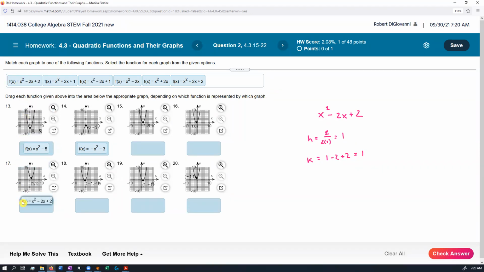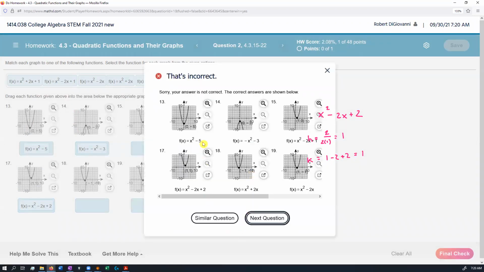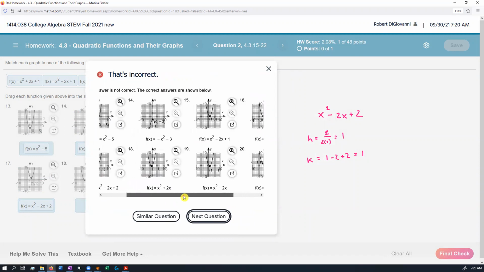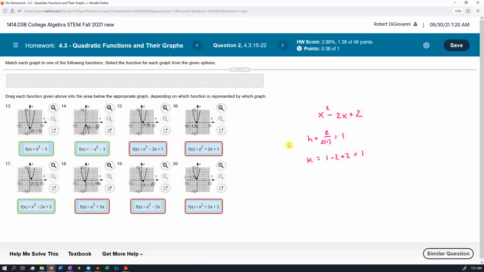I think this is too monotonous. I think you understand it from the previous one, so I'm just going to move on. There we go. So here it shows the answers if you want to see what each one was. I think that's just too similar for me to work through all those problems again.